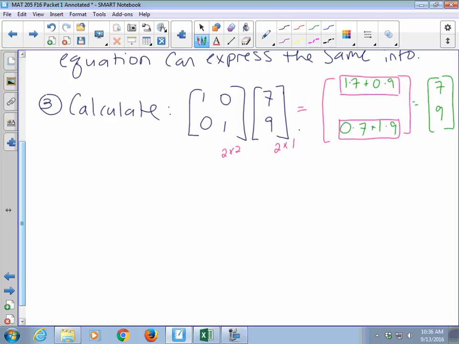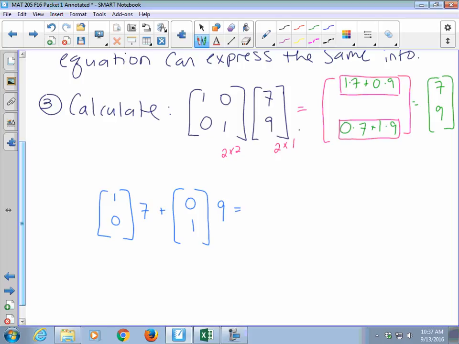So you take a linear combination of the columns, first column being 1, 0 with a weight of 7, second column 0, 1 with a weight of 9. They emphasize multiplying a matrix times a vector as taking a linear combination of the columns of that matrix, with the entries in the vector as your weights.